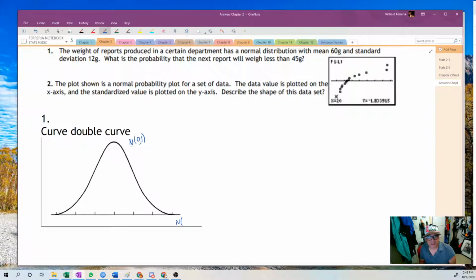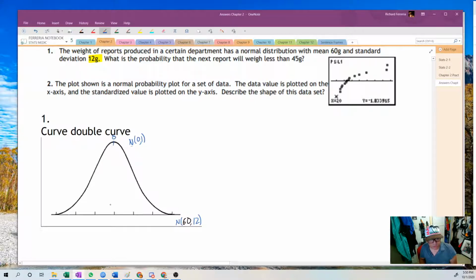This says that the mean is 60 right over here. So we are putting N(60, and in that same sentence it also says the standard deviation is 12 right over here. So 60 and 12. So you're going to mark scores above and below this curve, starting with the mean.